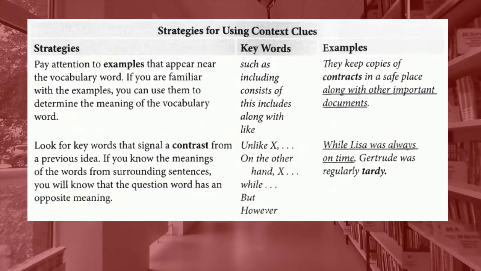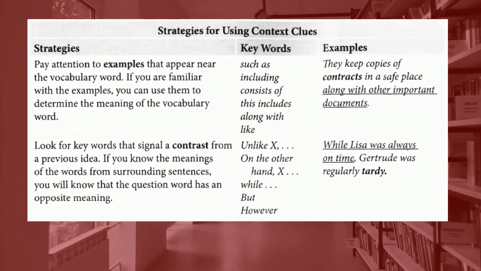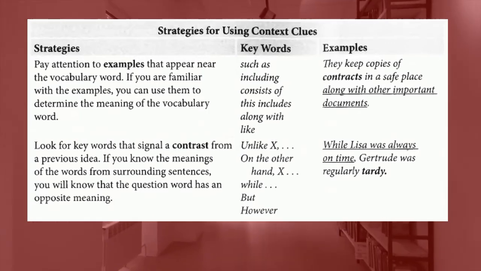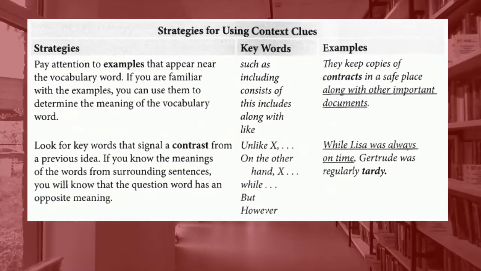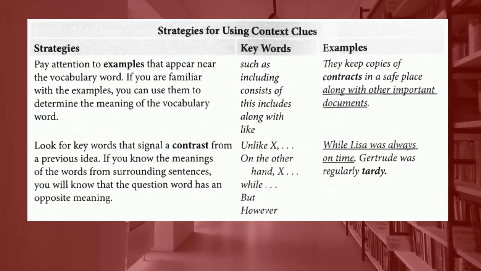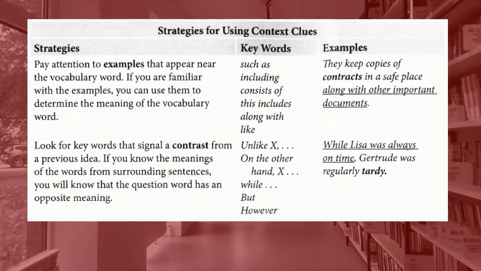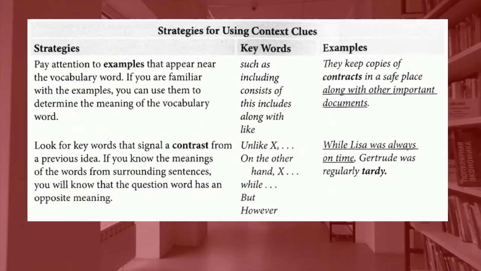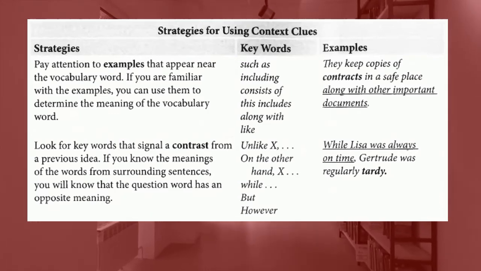Look for keywords that signal contrast from a previous idea. If you know the meaning of a word from the surrounding sentences, you will know that the question's word has an opposite meaning. Unlike X, on the other hand, while, but, however. While Lisa was always on time, Gertrude was regularly tardy.